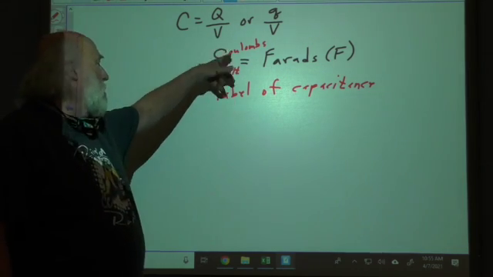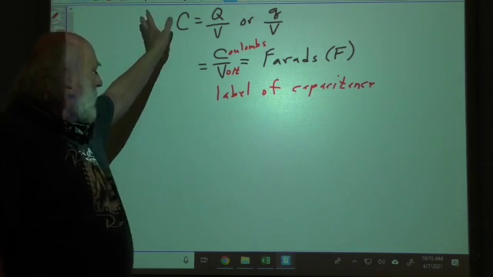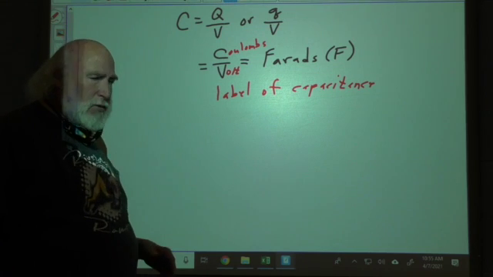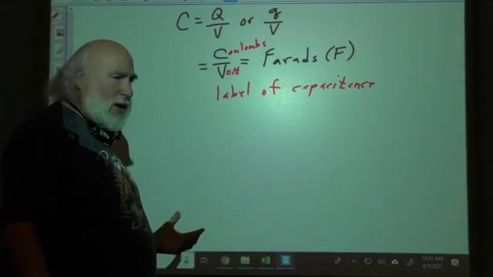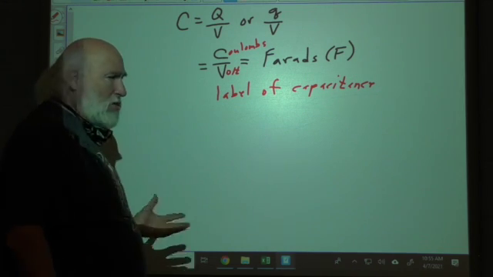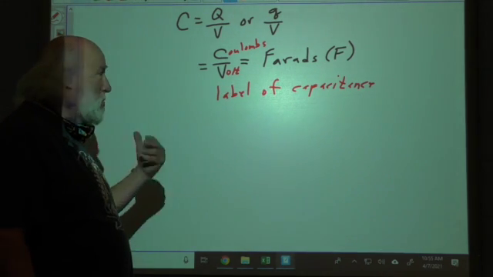They simplified this, probably to get rid of this whole coulomb thing because people, I'm sure, got confused about that capacitance, so they gave it farads, named after Michael Faraday, a very famous electromagnetic chemist and physicist and scientist, just a brilliant man. He didn't do math very well, evidently, but he sure liked to do this stuff.